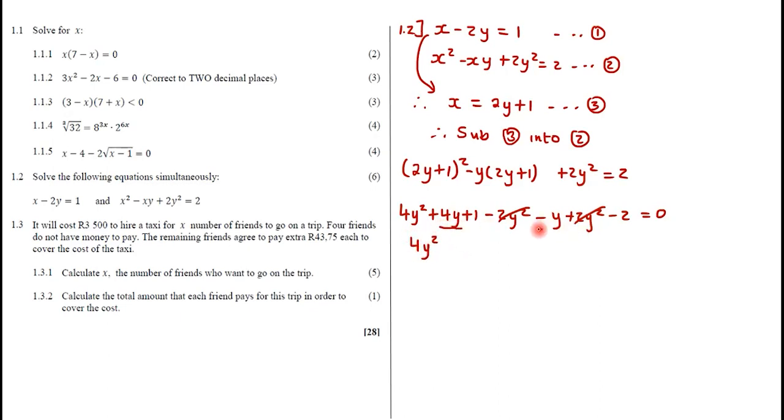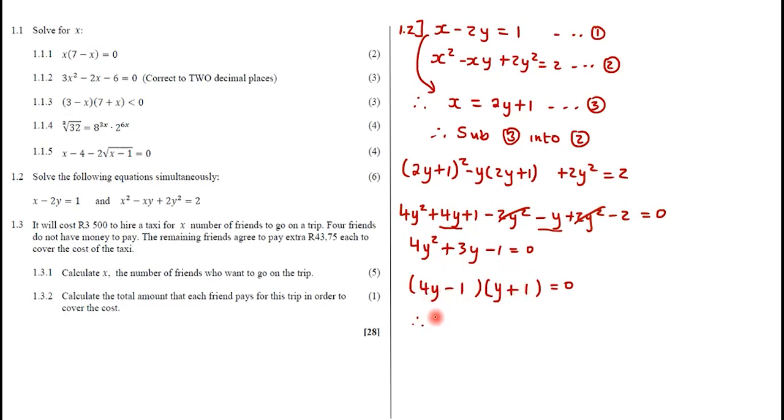Now 4y minus y should give me 3y, and then 1 minus 2 should give me minus 1 equals 0. And then from there, I need to find the factors, so it will be 4y and y, so I have 1 and 1 equals 0. So this with that, it will be plus, and that will be minus.